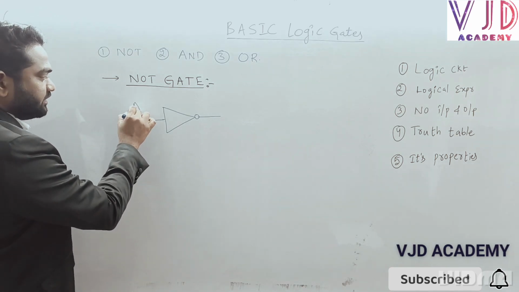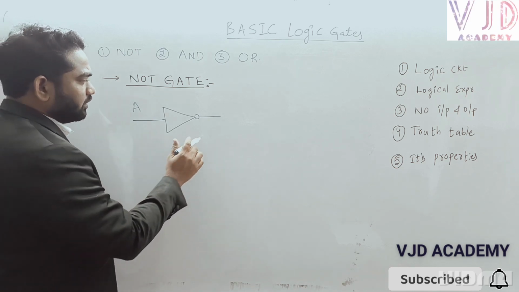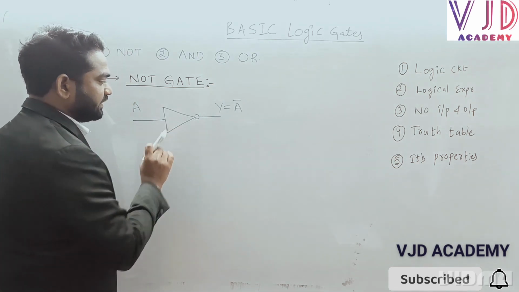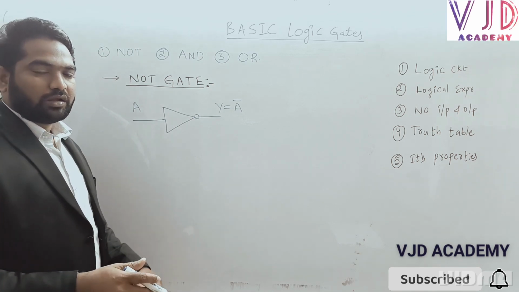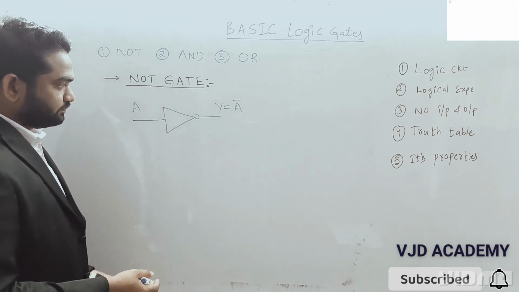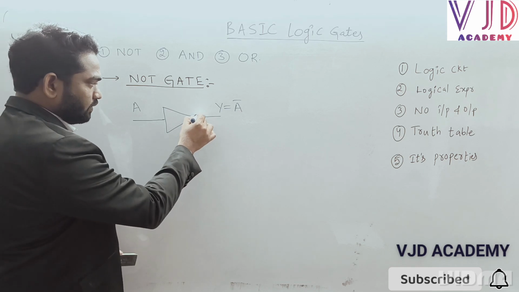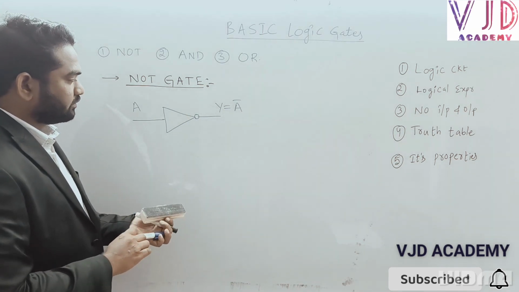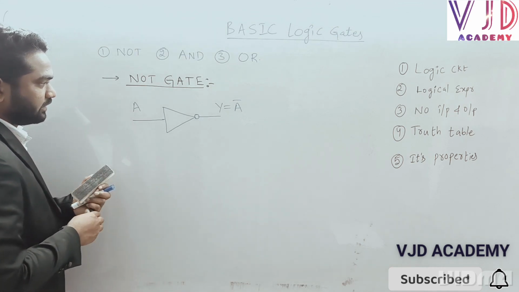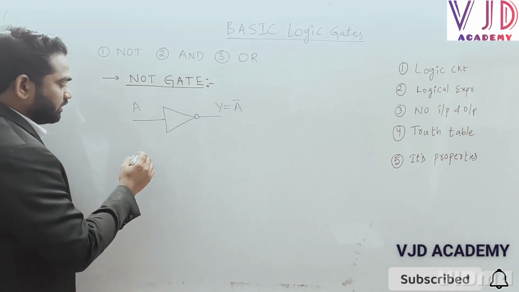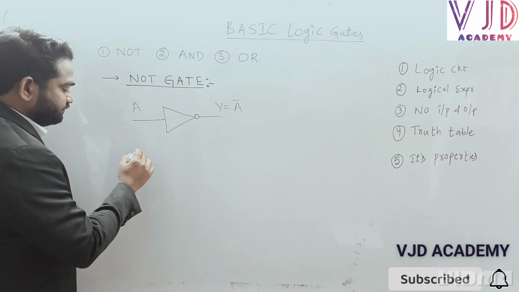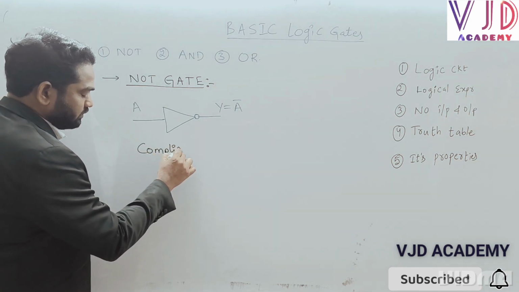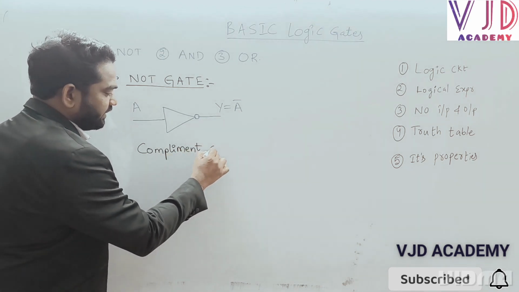Here input is A, and output is Y equal to A bar, because it is acting as complementing or opposite. So that's why I want to call it a complement gate.